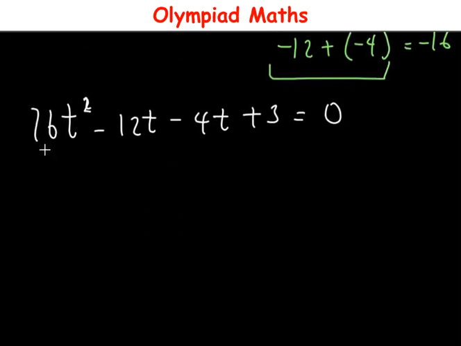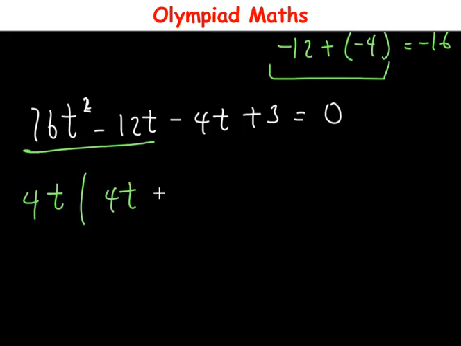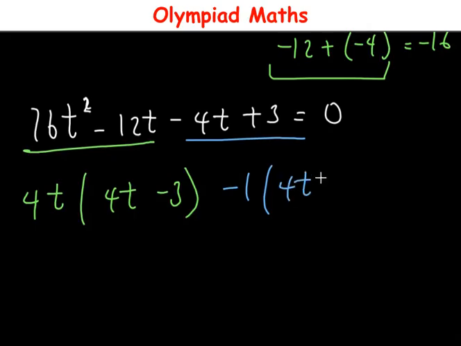And with this, we can factorize out 4t from here. So 4t into bracket will be left with 4t, right here will be left with minus 3. And also from this, we can factorize out minus 1. Minus 1 into bracket 4t minus 3. This equals 0. From here, we have a common factor, 4t minus 3, 4t minus 3.